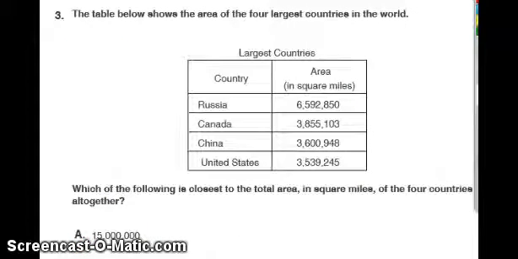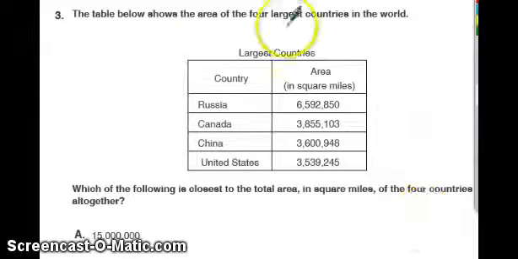So in this next question, it says the table below shows the area of the 4 largest countries in the world. Russia has 6 million plus, Canada has 3 million plus, China has 3 million plus, and United States has 3 million plus. Which of the following is closest to the total area in square miles of the 4 countries altogether?